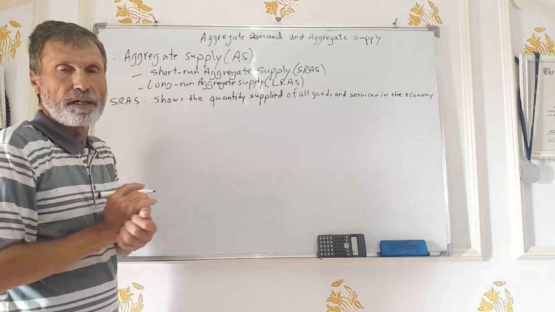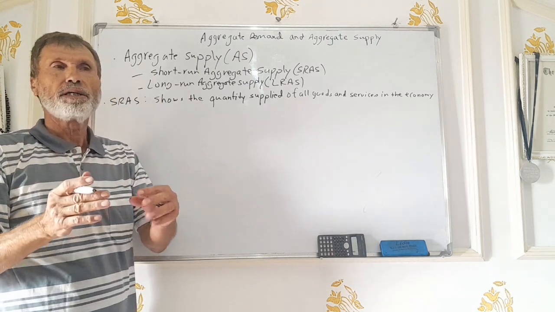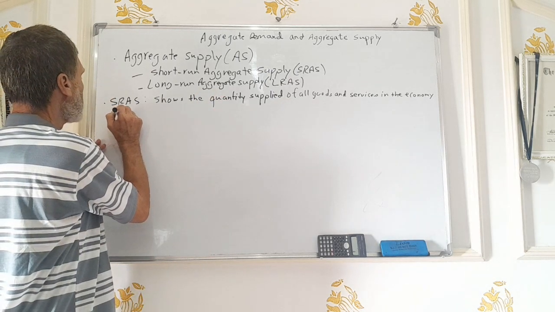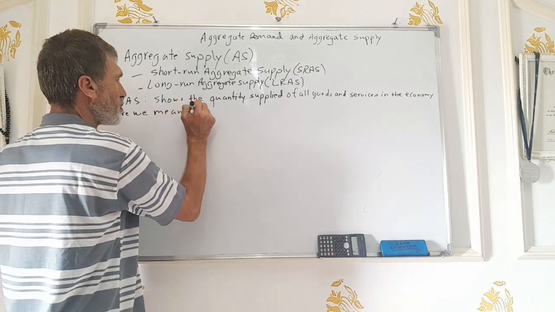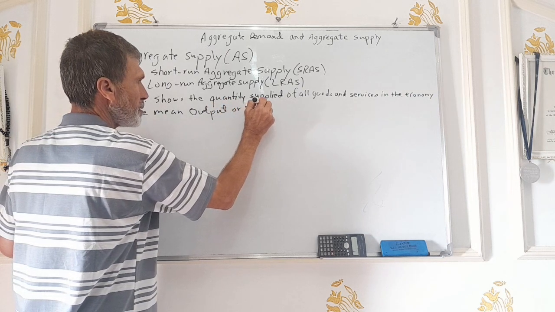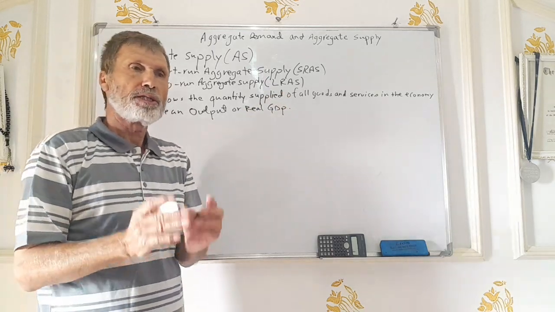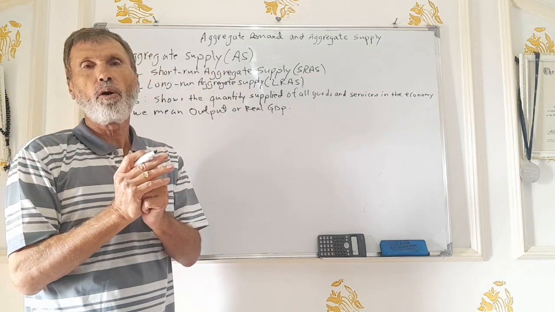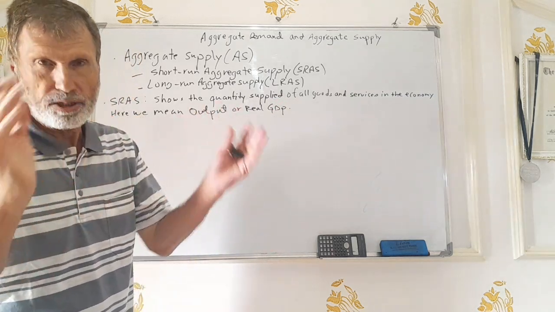When we're talking about all goods and services in the economy, we actually mean the output in the economy or real GDP. So short-run aggregate supply shows the quantity supplied of all goods and services in the economy, or of output, or real GDP.